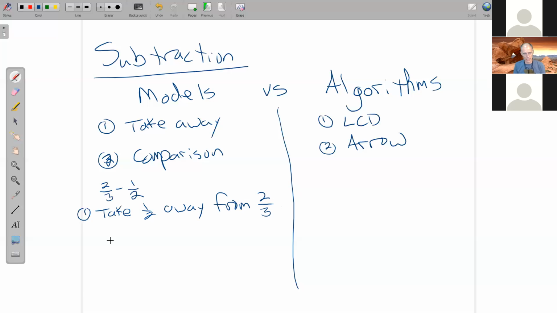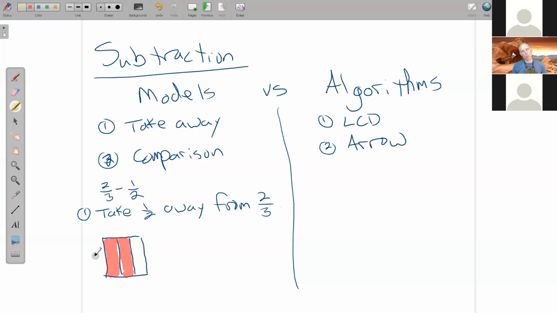And so to do that, I have to see what 2/3 looks like. So here's my 2/3 there.